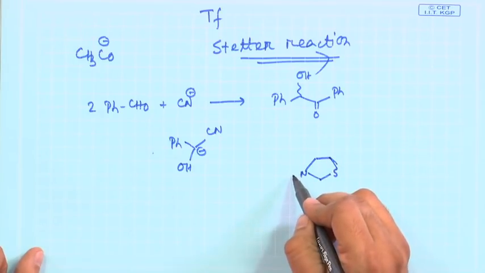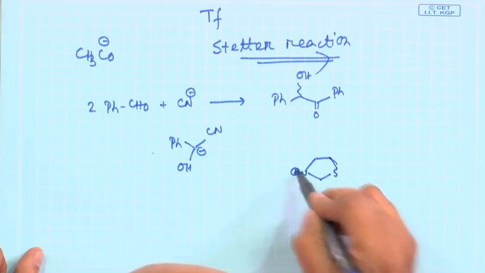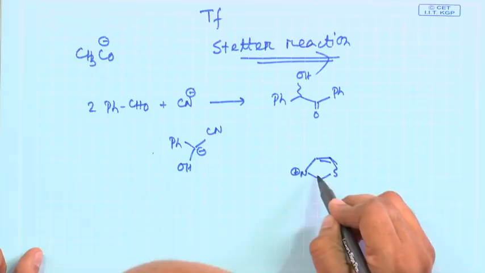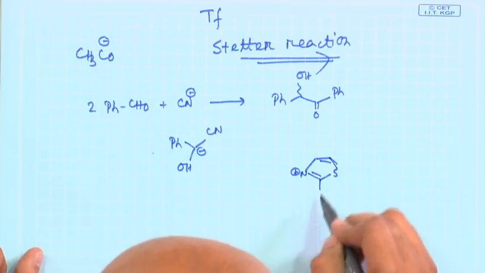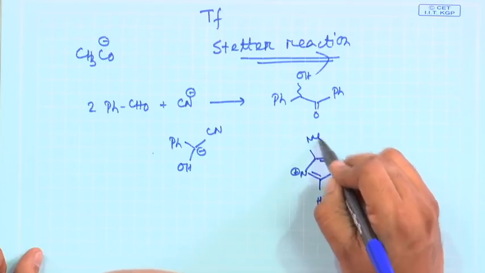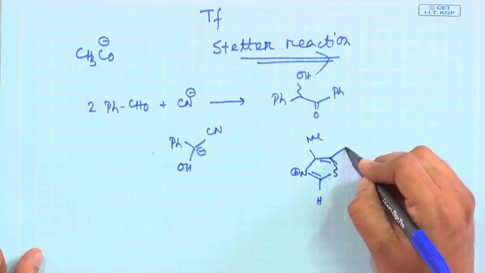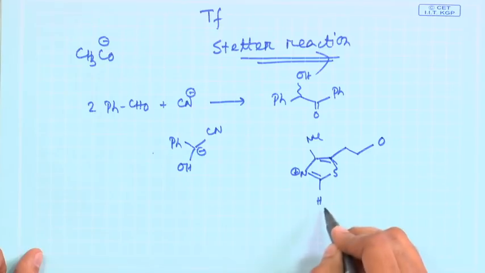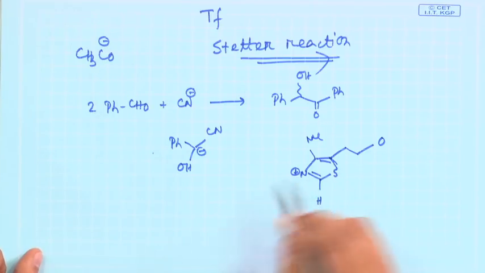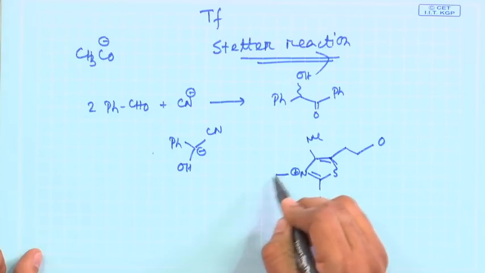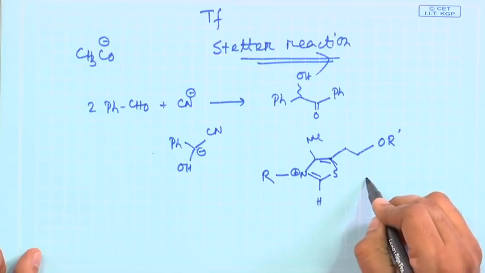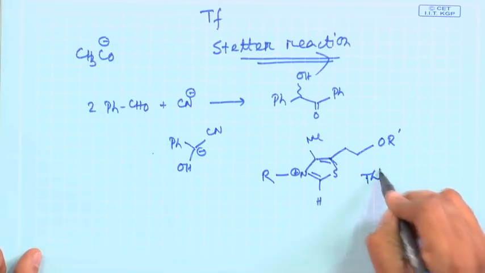Now, this is a thiazolium nucleus where nitrogen and sulfur are present, and you basically have an acidic hydrogen in this portion, which is flanked by nitrogen and sulfur. Now, this kind of species is named thiazolium salt.